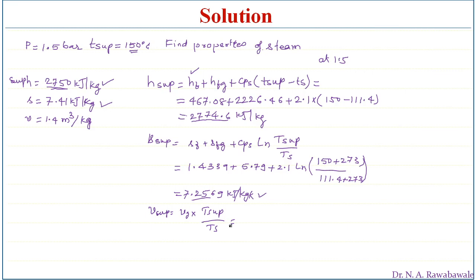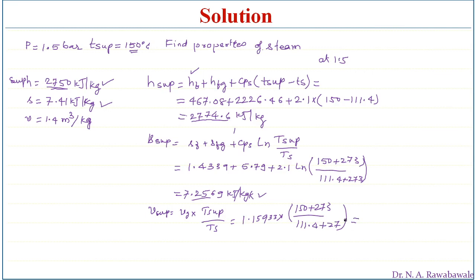At 1.5 bar Vg is equal to 1.15933, which is 1.159, into temperature of superheated steam, again 150 plus 273, divided by 111.4 plus 273, close this bracket.